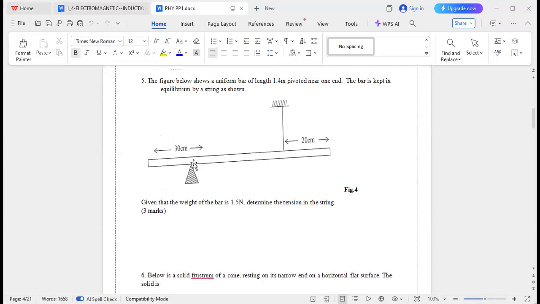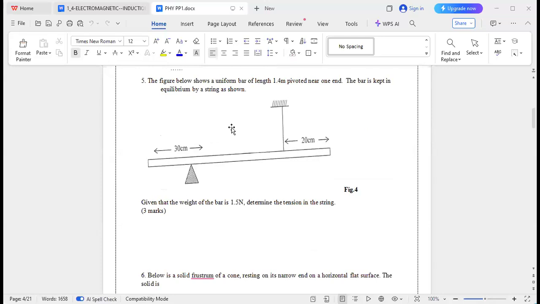Number 5, we have a uniform bar of length 1.4 meters pivoted near one end. The bar is kept in equilibrium by a string as shown.